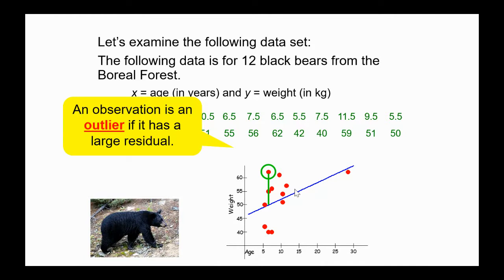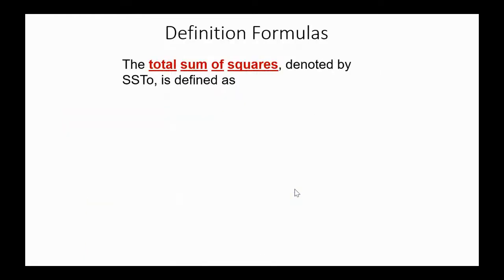Now let's talk about numerically assessing the fit of a line. So we're going to need some formulas. The first formula is the total sum of squares, which they say is denoted by SSTO. A lot of your statistics books, like if y'all take statistics again in college, will just say SST.